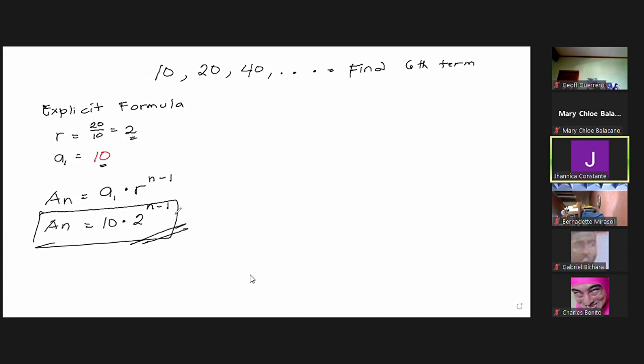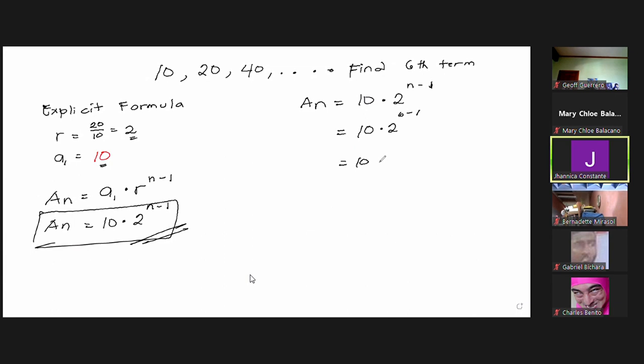So since we have the explicit formula of our geometric sequence here on the screen, that is what we're going to use to find the sixth term. So a_n equals 10 multiplied by 2 raised to n minus 1. So we have 10 times 2, n is equal to 6, since that is the term that we are going to solve.